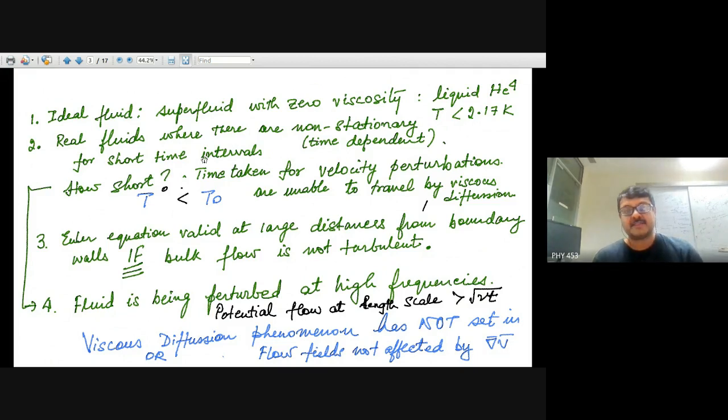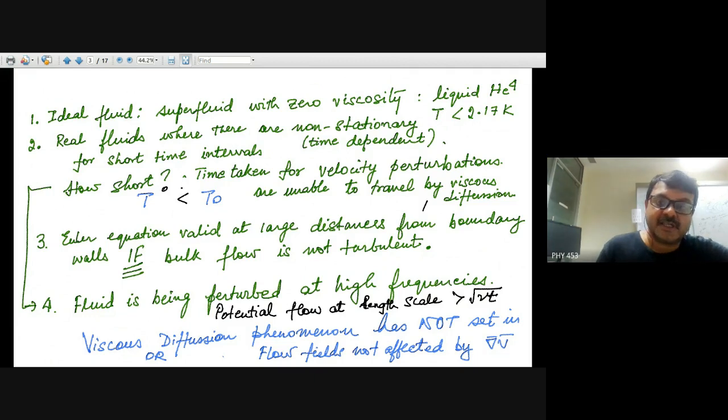Suppose you have made a very quick change in the boundary conditions for which the velocity field starts changing, but you are looking at velocity fields when momentum diffusion hasn't taken place over the length scale of the entire fluid.